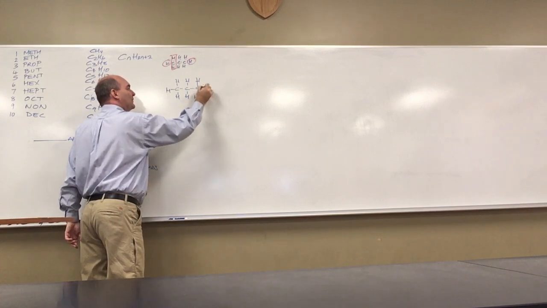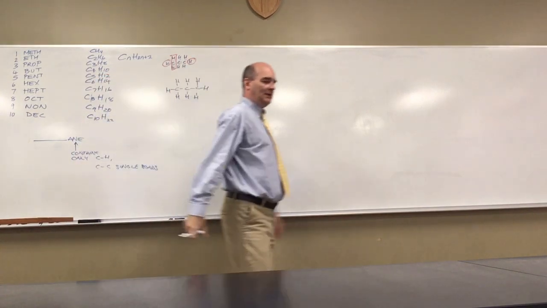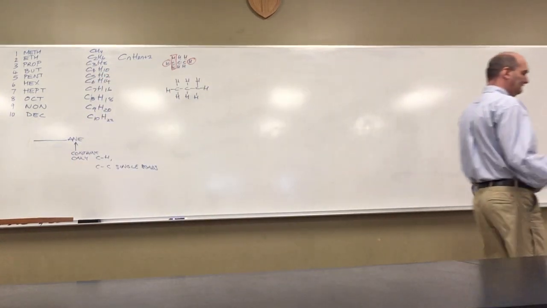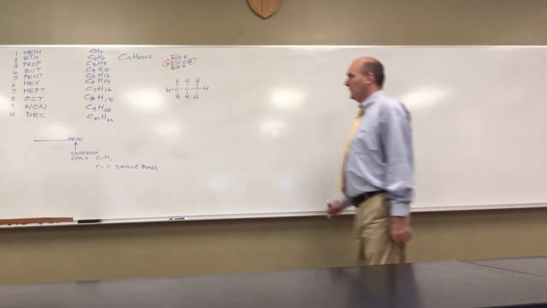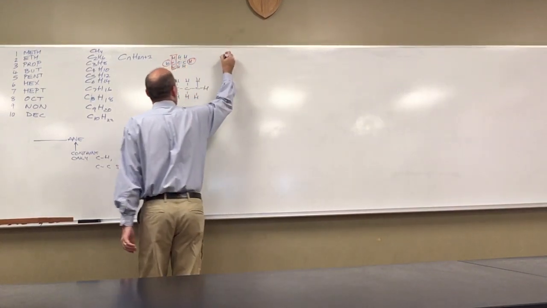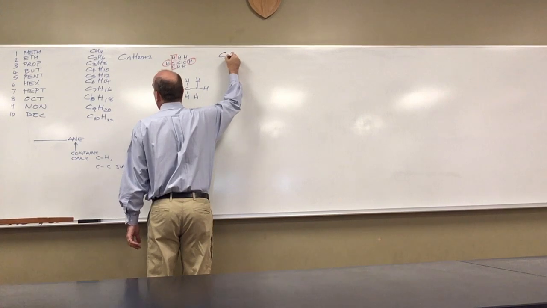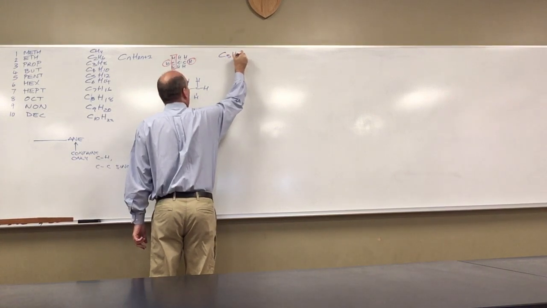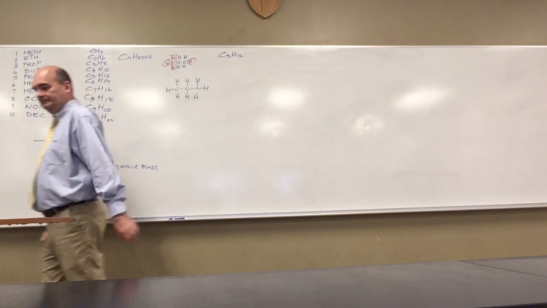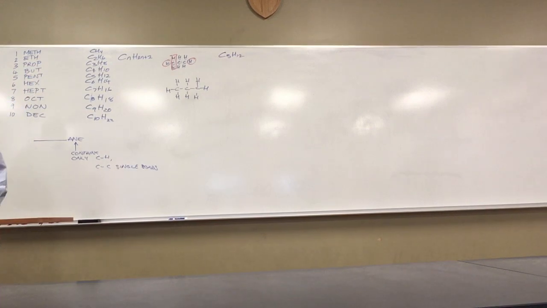So when we ask for the structure, give me the structure of the formula. Okay, so let's do it. Go draw C5H12. Going to give you 75 seconds to draw that molecule.